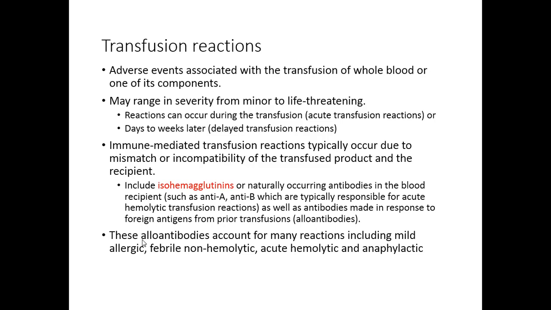There are other minor antigens that people have, or antibodies that you develop over time, that if you were given a minor antigen on a red cell, you may not have a major transfusion reaction. But we're going to test to make sure that we don't do that.